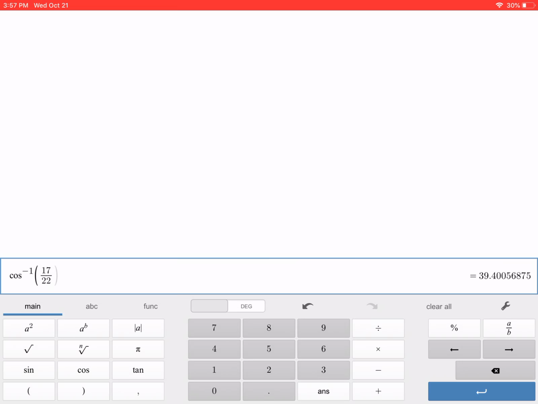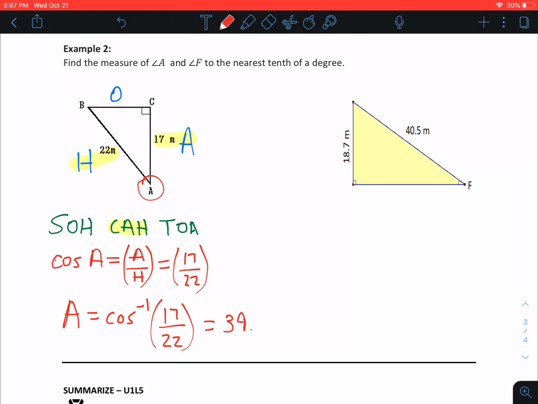Okay, and that gives us an answer of 39.4. And so our answer is 39.4 degrees. And if we just double check, it wants it to the nearest tenth of a degree, so we don't have to change that answer.